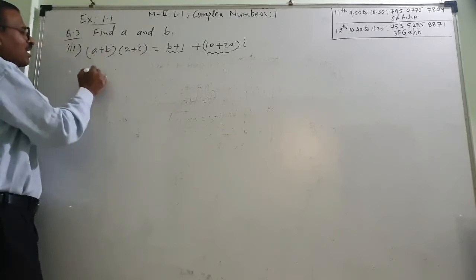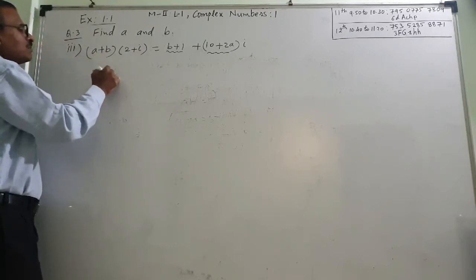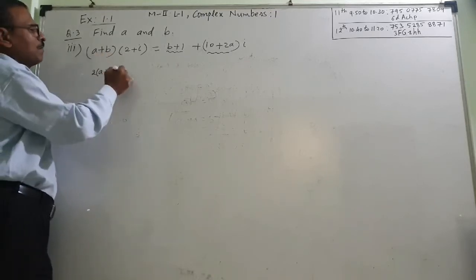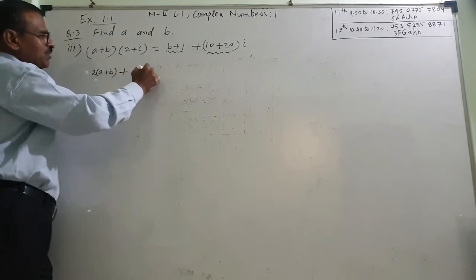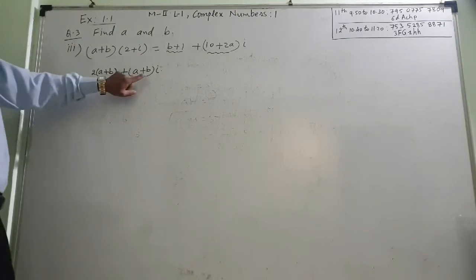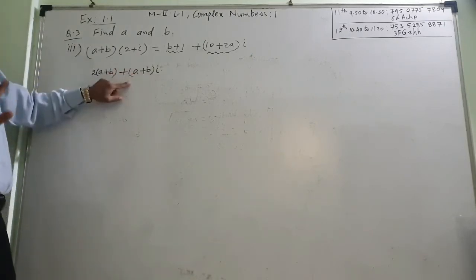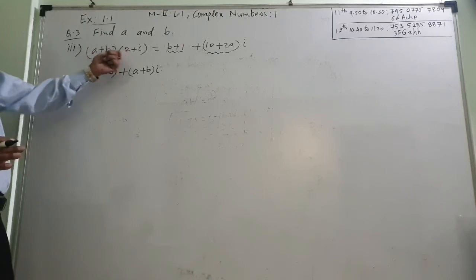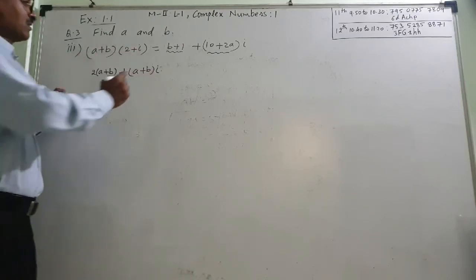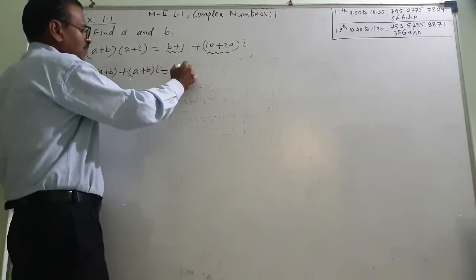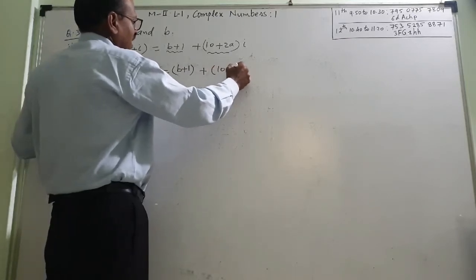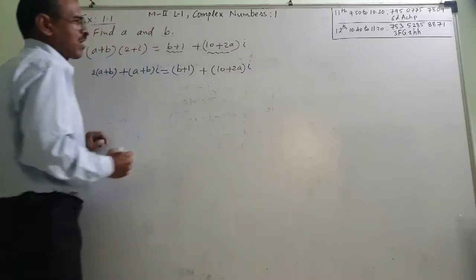So this I will do as 2 into (a plus b), by 2 I have multiplied this, plus (a plus b) into i. Open the bracket. Now after opening this, the bracket is of no use. (a plus b) into 2 is 2a plus 2b, (a plus b) into i is (a plus b)i. That is equal to (b plus 1) plus (10 plus 2a)i.